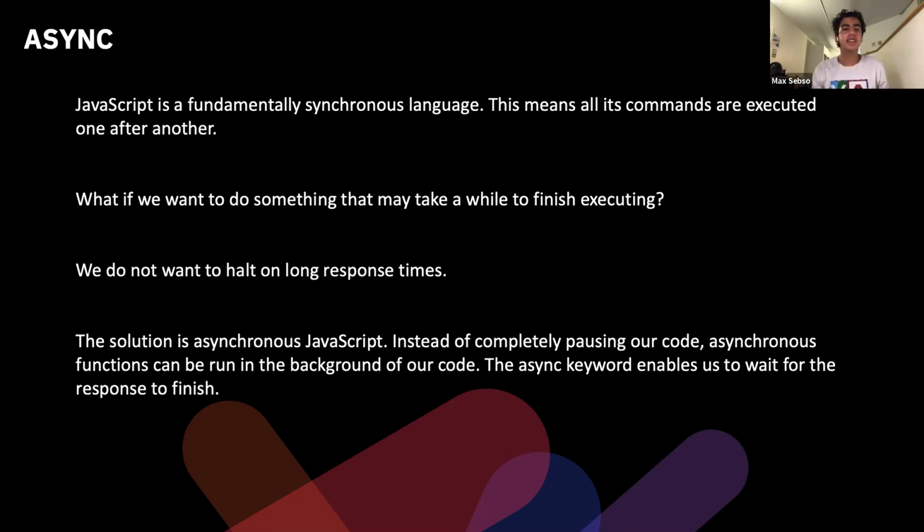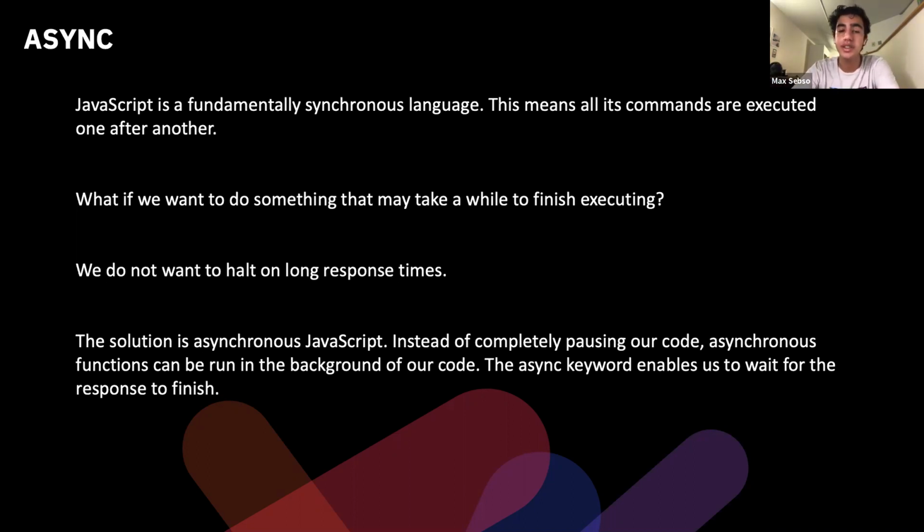The solution to this is that we can have an asynchronous function. An asynchronous function basically runs the function in the background and continues to execute the other functions below it in line.